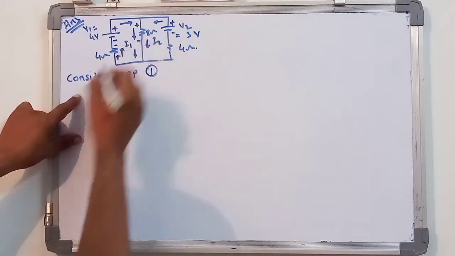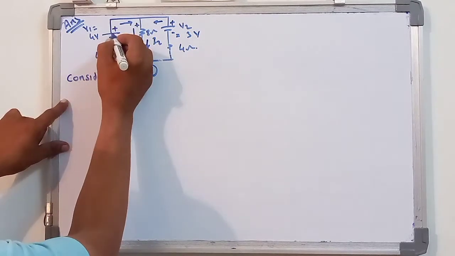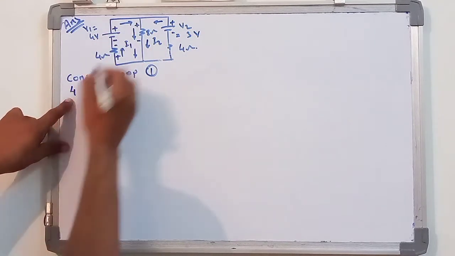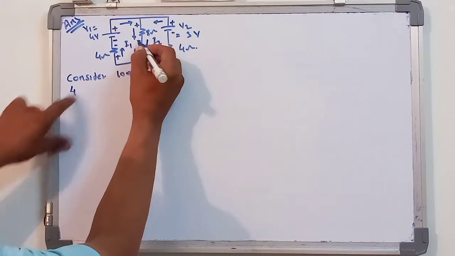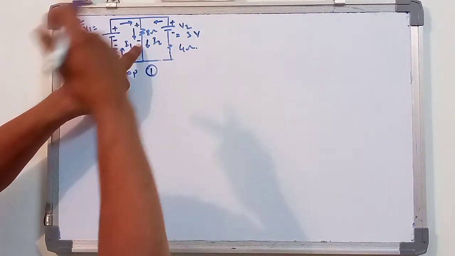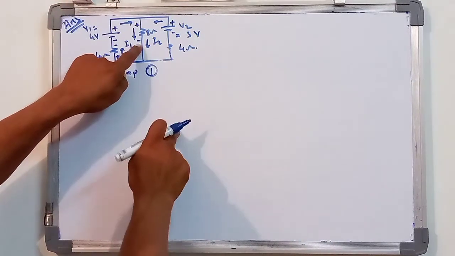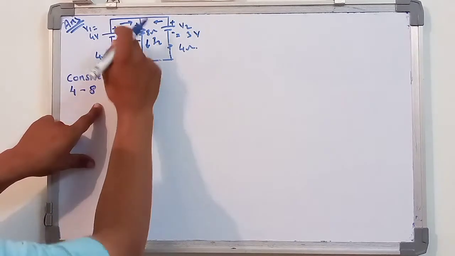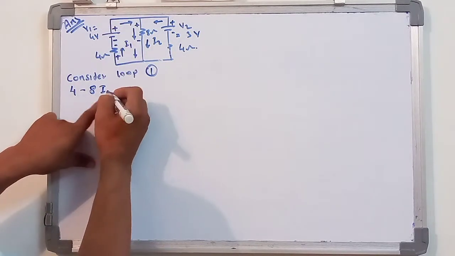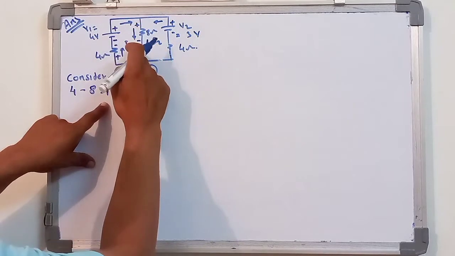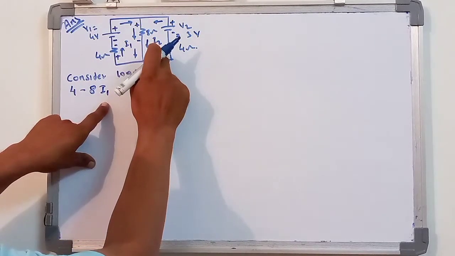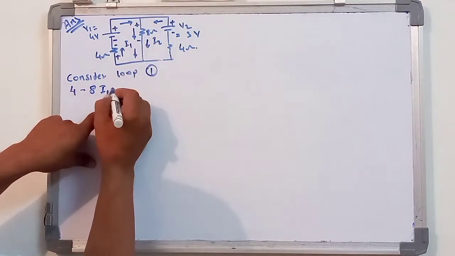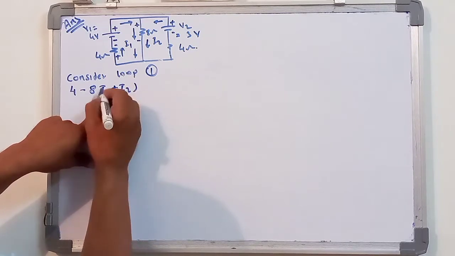Then I will write the equation. We have considered this one value, so the first value is 4 volts. Then at the ending point of the resistor, where it completes, you have to mark the value, that is minus 8 times the first loop current, that is I1. But this particular resistor also carries the second loop current, which we have to mark here from positive to negative, so the value is I1 plus I2.